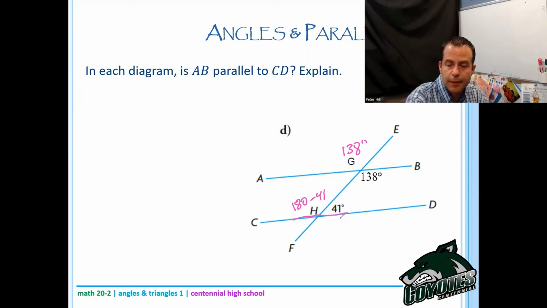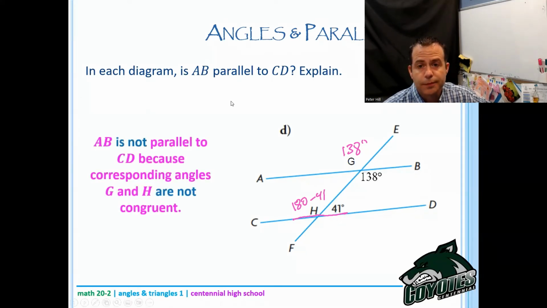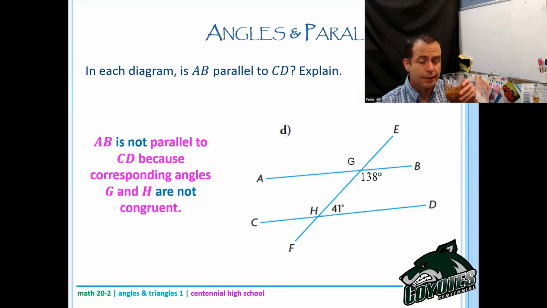Those guys would be supplementary. Okay, 180 minus 41 is 139. So I have 138 and 139. These are not parallel lines because the corresponding angles do not equal each other.